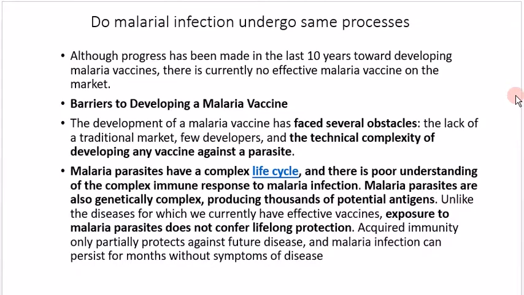So this is just to know why scientists are not able to produce certain medicines for some diseases. For example, there is no effective vaccine even for malaria or dengue fever, which are so risky. This is because of the complexity of the parasites. Its life cycle is very, very complex.